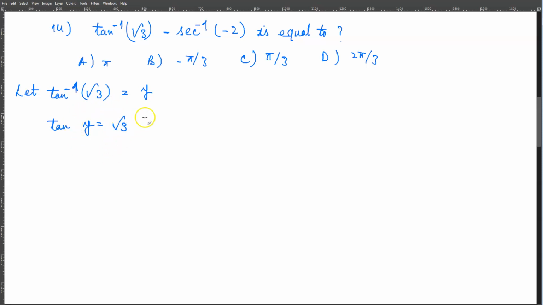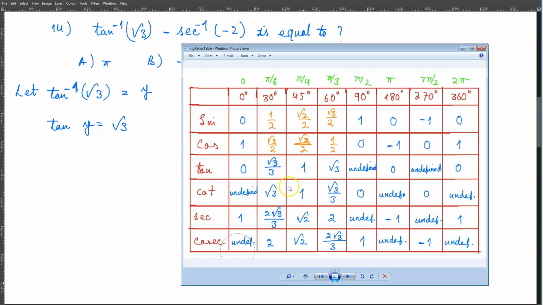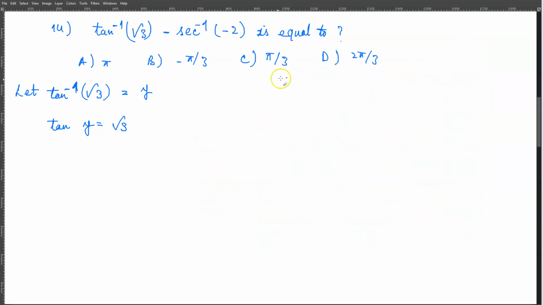Now, if I'm not mistaken, tan of pi by 3 is equal to square root of 3, tan of 60 degrees. So this is equal to tan of pi by 3, right?